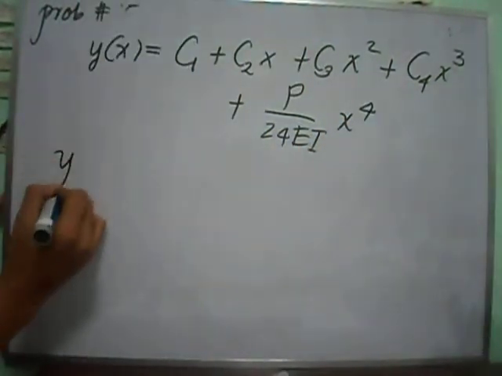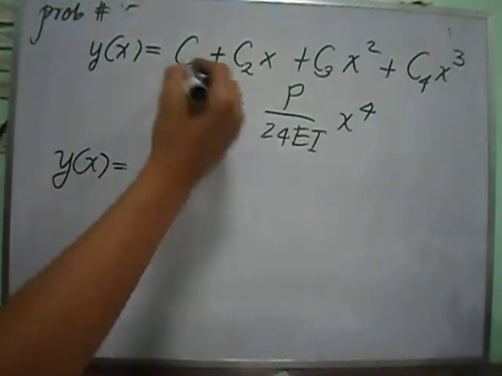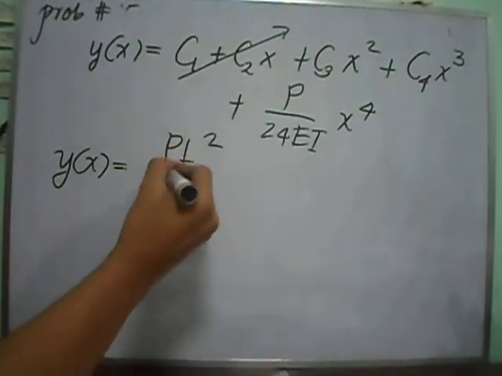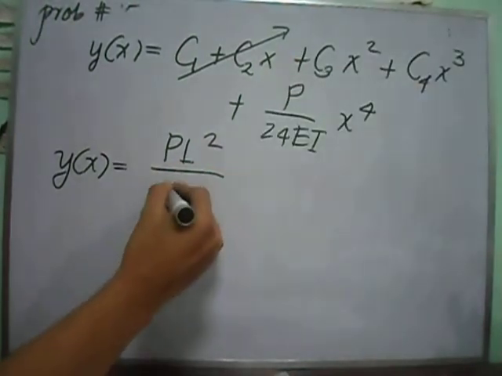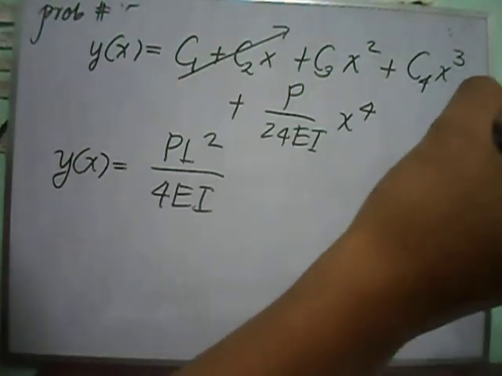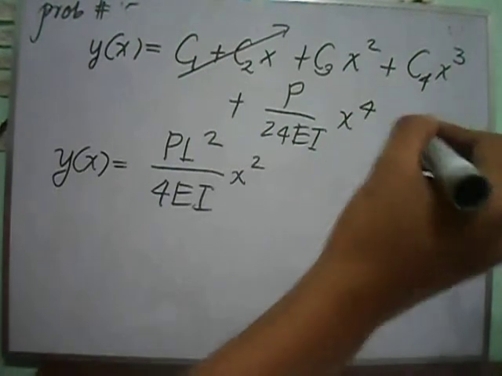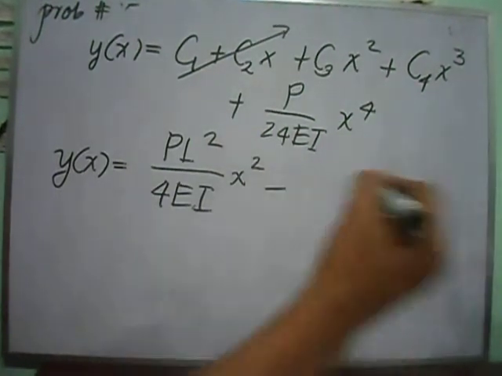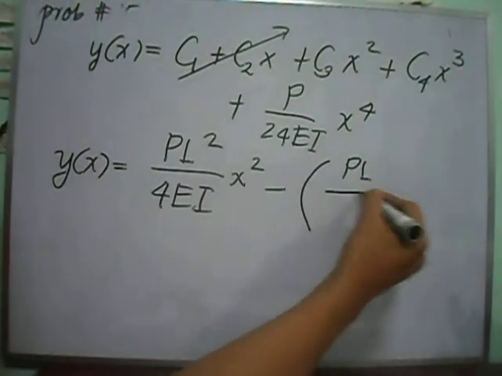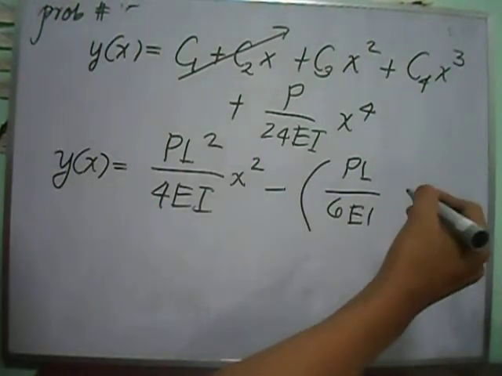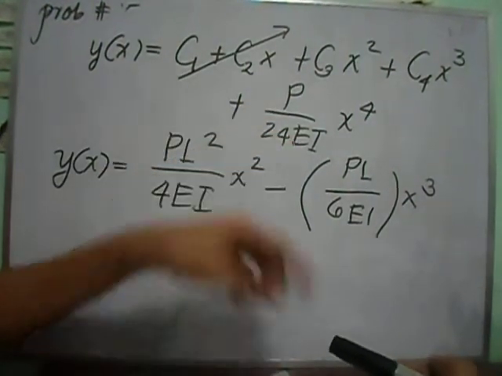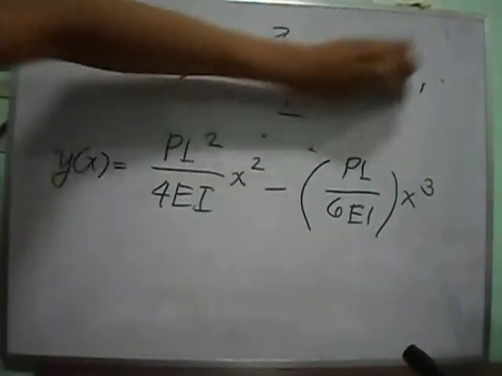Now substituting the values, we get y of x equals, this always comes to 0, and then the C3 equals P L squared over 4 EI times x squared, minus, since the value of C4 is negative, PL over 6 EI x cubed, and of course the value of this function.